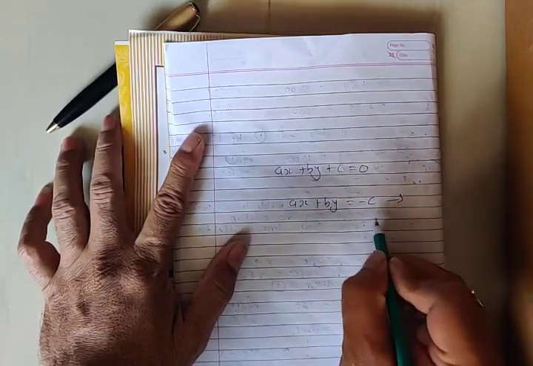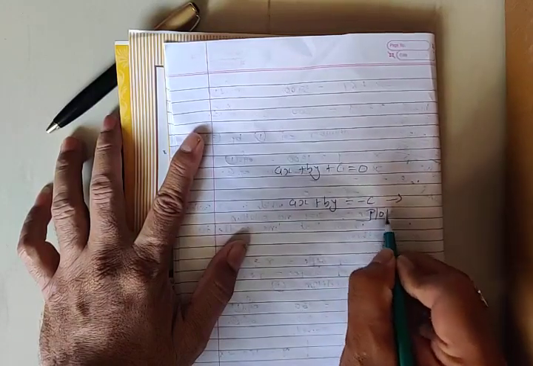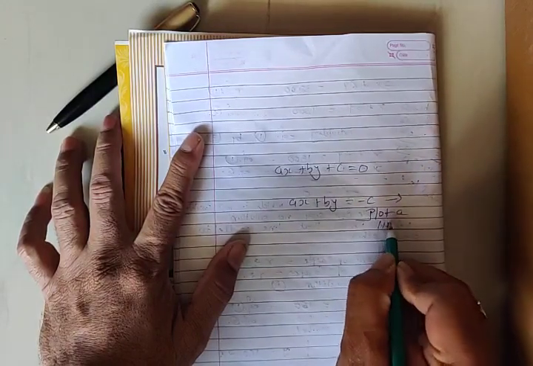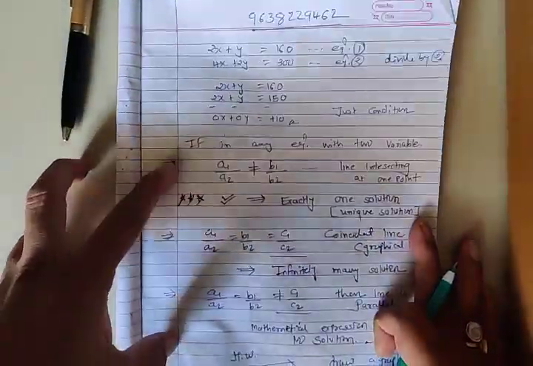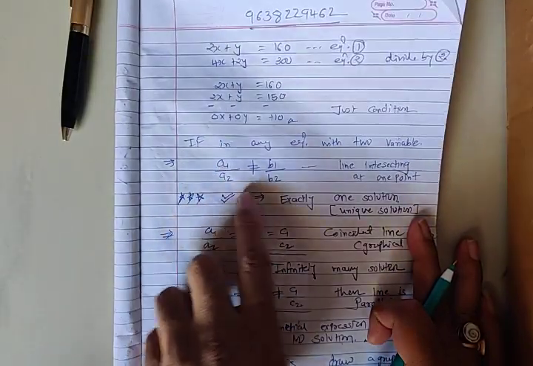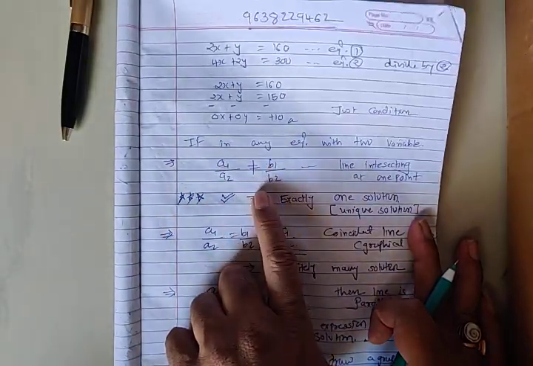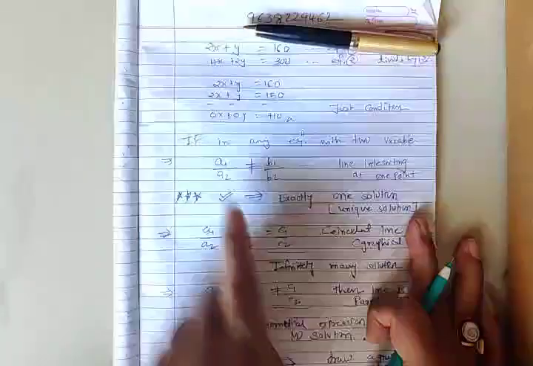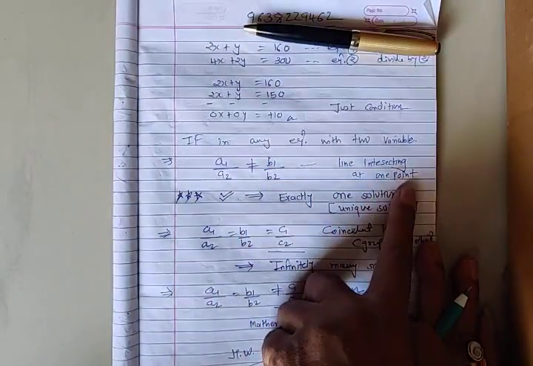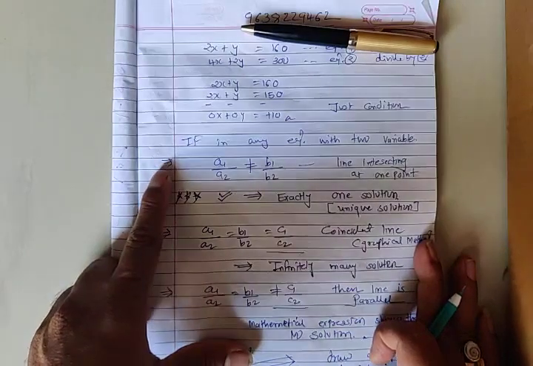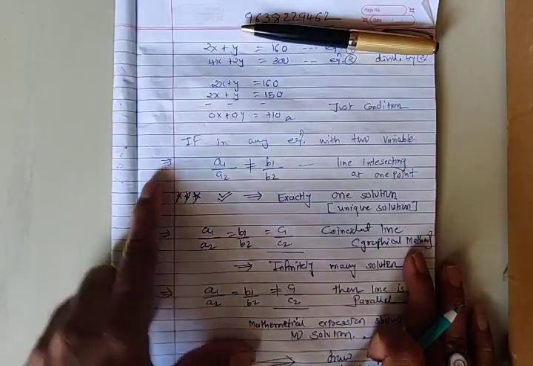Based on this, you have to plot a line segment. Now there are once again three conditions. A1 upon A2 for the two line segments, if it is not equal to B1 upon B2, then the lines intersect at one point. These are very important conditions to plot a graph.